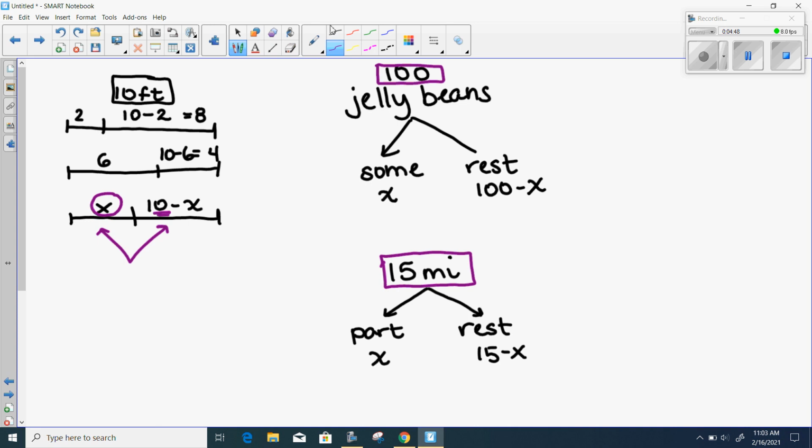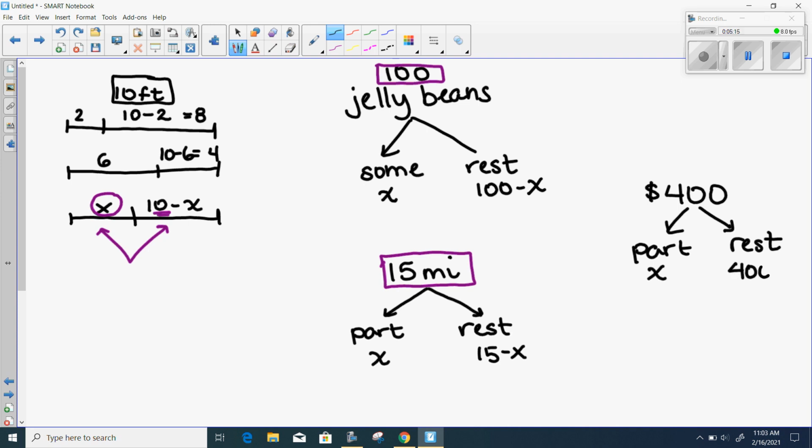We could even, with money, maybe I have $400, and I'm going to put part of it in one account, and the rest of it in my closet, so I have a stash in case I have an emergency. Part of it, I grab a handful of it, put it in the bank.